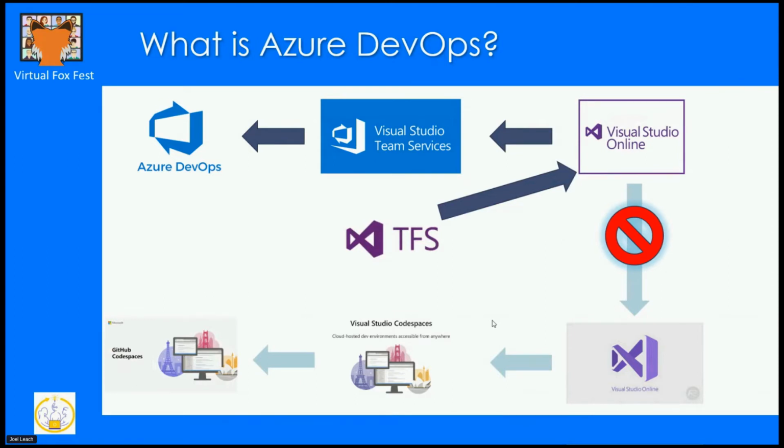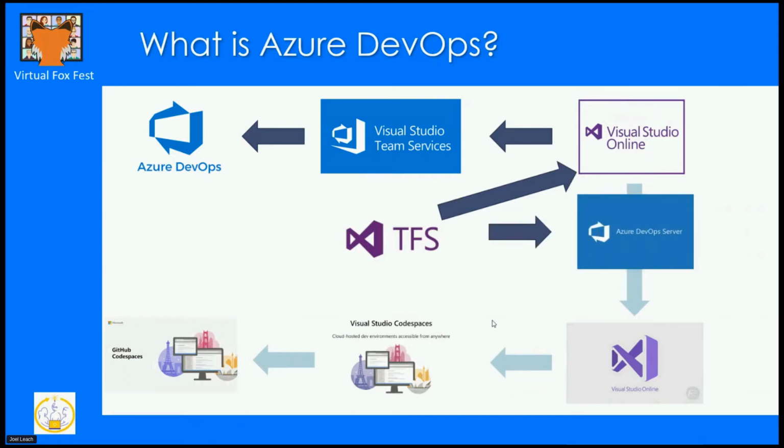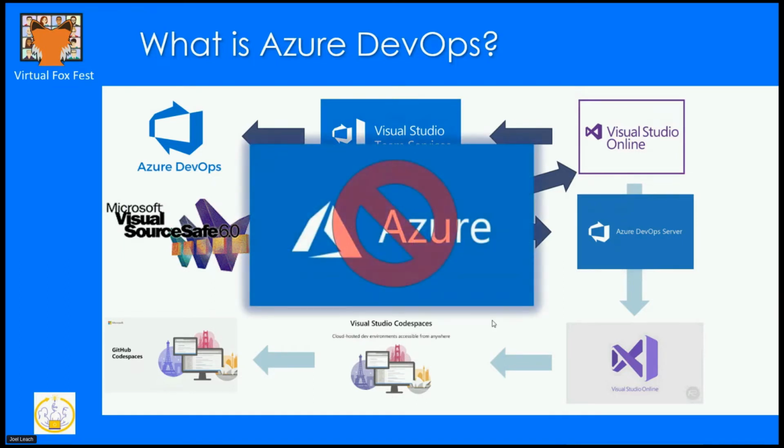Obviously not. In a belated display of branding consistency, TFS has been renamed Azure DevOps Server in spite of being a completely on-premises product. And TFS was Microsoft's replacement for Visual SourceSafe, which I actually still use on some projects. It's worth mentioning that Azure DevOps in no way requires you to use Azure for your cloud or hosting needs.